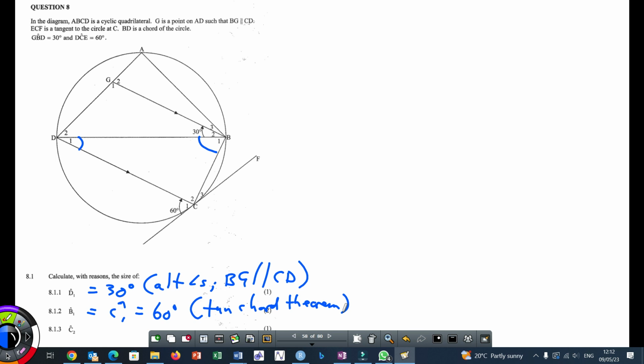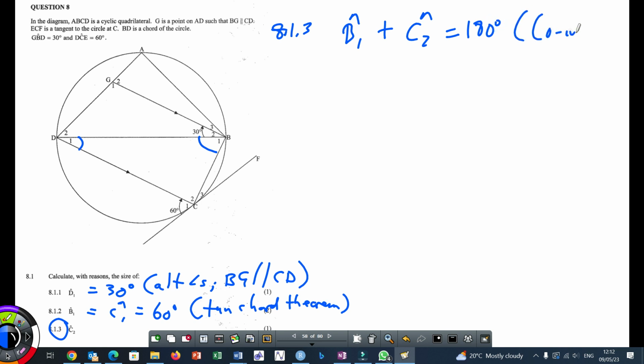Well, in my case, I'm not going to go via that route. I'll use co-interior angles, because we know B1 and we know B2. If you use sum of angles in a triangle, it's still fine. But I'm doing 8.1.3. B1 plus C2 will give me 180, and that's co-interior angles. Then you state the lines that are parallel.